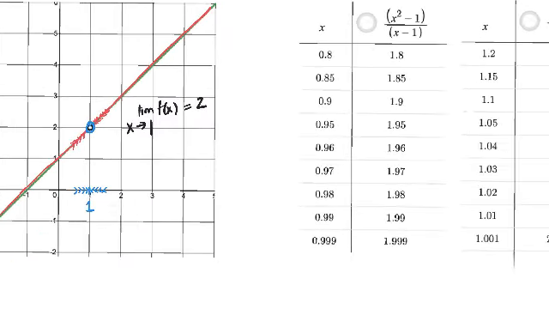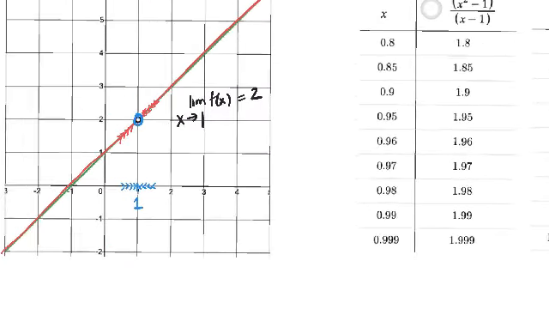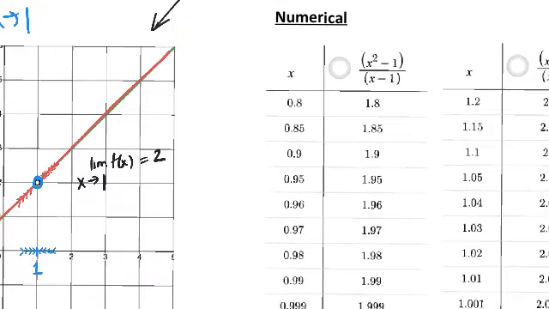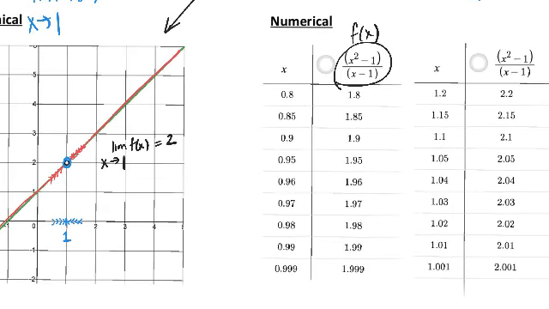Let's think numerically. Numerically means we're literally putting x values into the function. Here's the function. And we're putting in x values, and we're making those x values closer and closer to 1. We already know that we cannot put 1 into this function because then we get a 0 in the denominator. So we can't do that, but let's put in numbers that are close to 1.